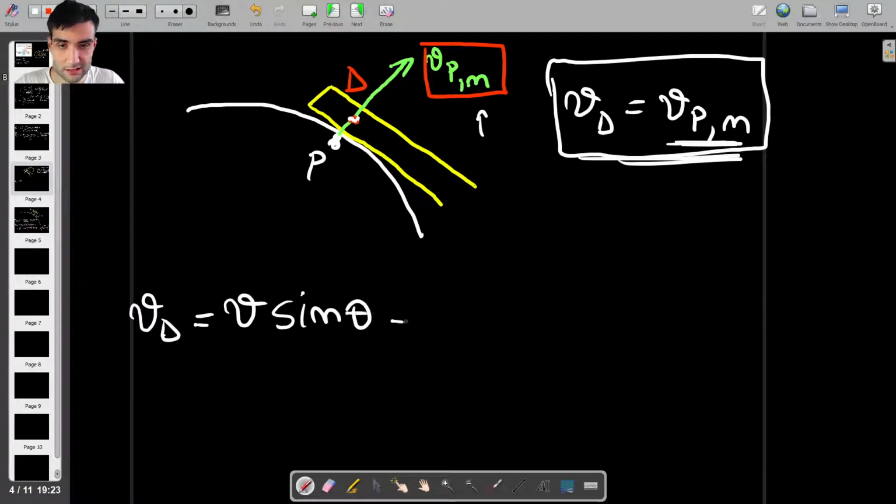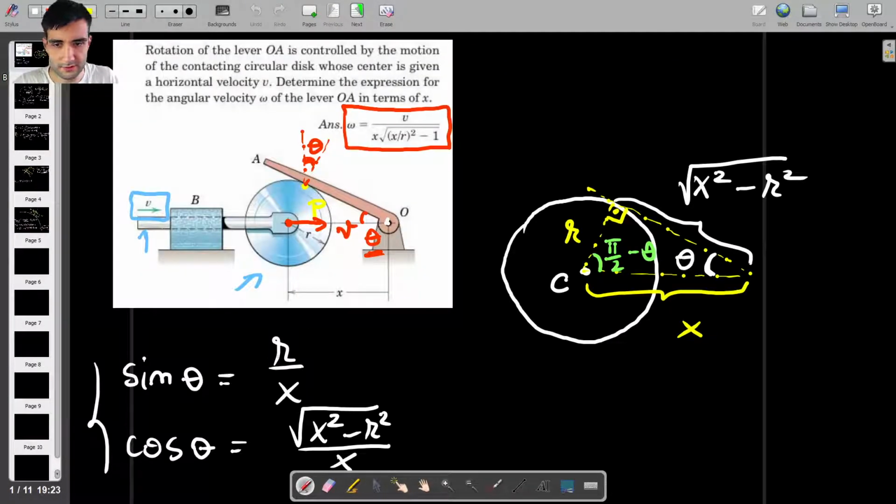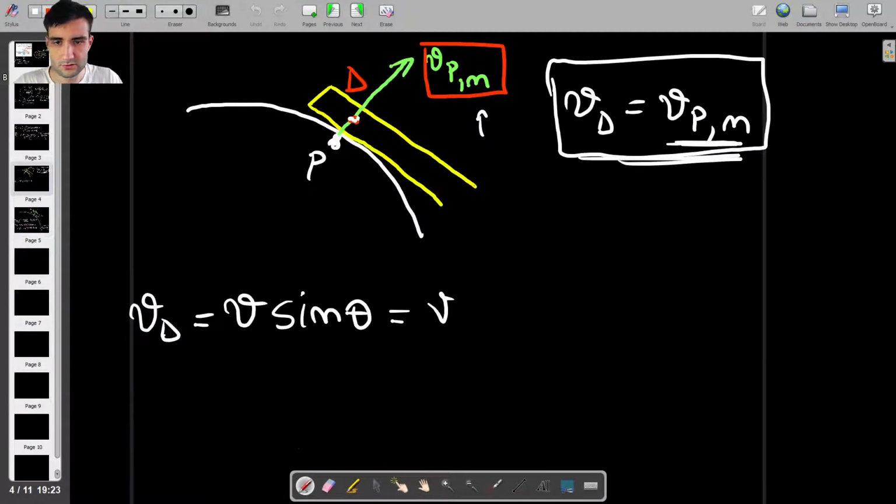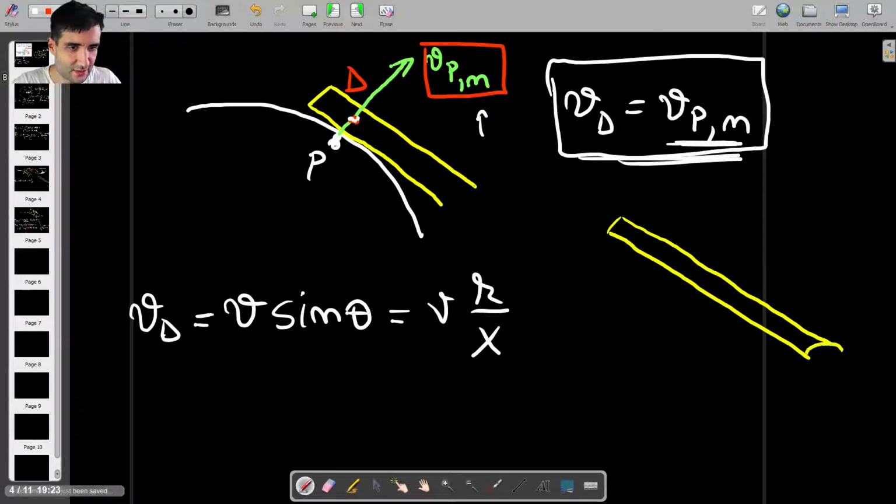But we know what sine theta is from the very first thing that we wrote here, which is sine theta is R over X. So that's V multiplied by R over X. And if we look at the lever for a second, it's hinged at point O, and this is point D, and the velocity of point D is equal to V R over X, right?